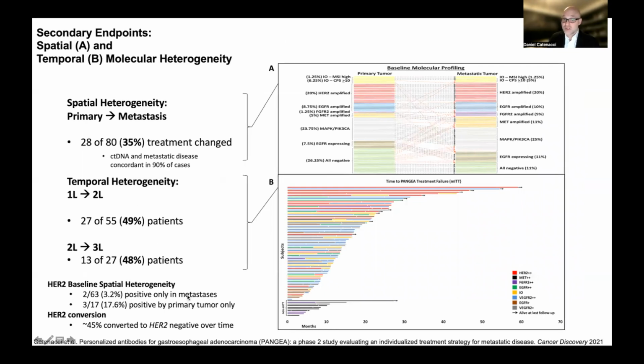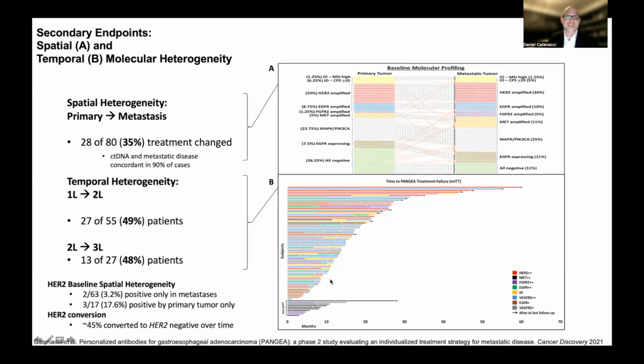And so traditionally, these patients would not get trastuzumab, whereas a larger proportion were positive in the primary tumor only and would have gotten trastuzumab standardly, but again, in this study, were not given anti-HER2 therapy because they had a better biomarker to go after that was in their metastatic site. And then similarly, conversion from HER2 positive to HER2 negative was in about half of the patients, as assessed not only between first and second line, but anytime between starting first line to the end of third line therapy.